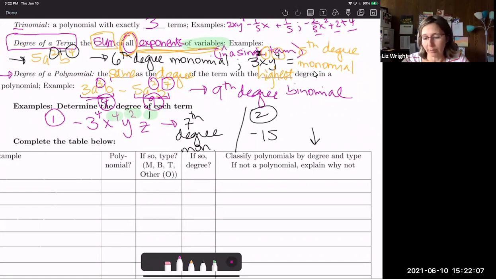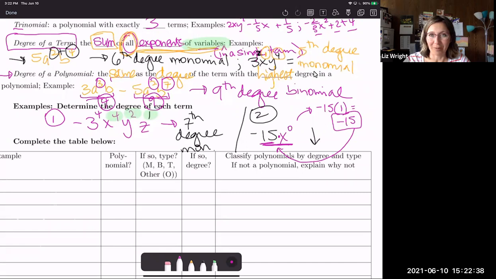If we wrote on here like this, x to the 0, what does x to the 0 equal? X to the 0 equals 1, right? So if I do -15 times 1, do I still get back -15? Yes. So I show you that because look at this. I'm showing you that what we started with, -15, I can put this piece on here, and I'm showing you how we get all the way here, and it gets us right back to where we started.